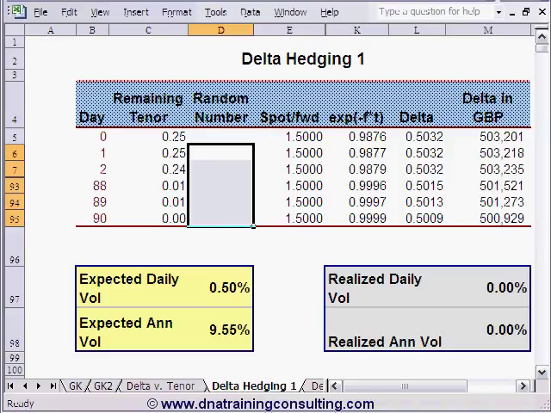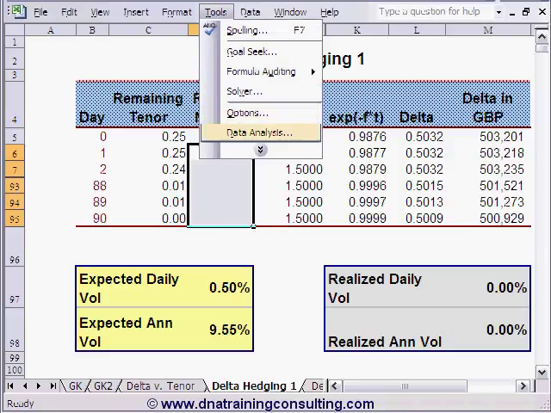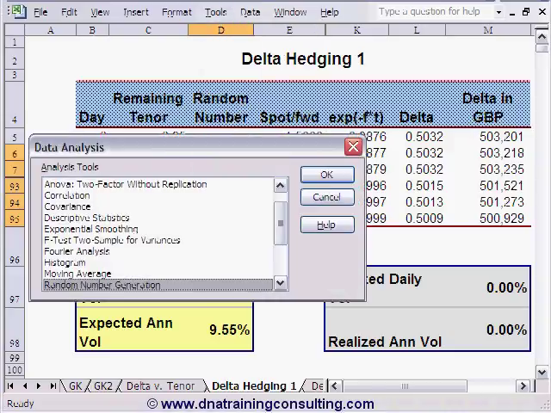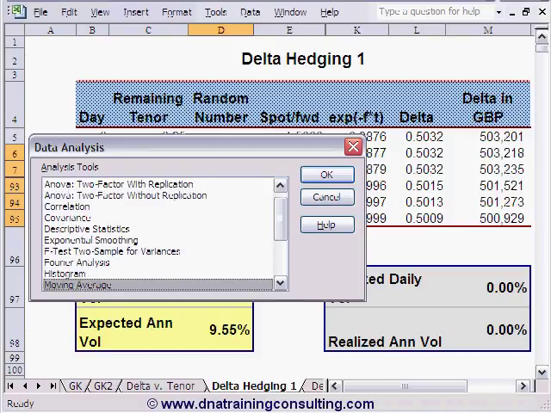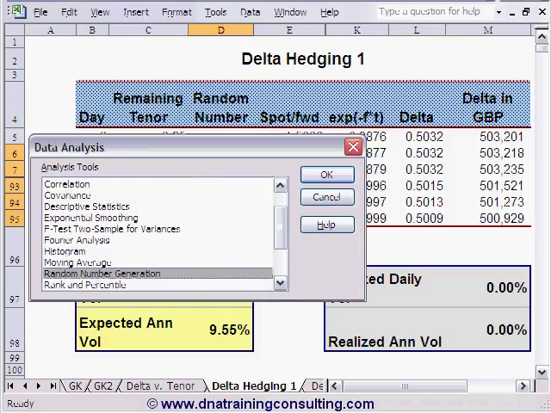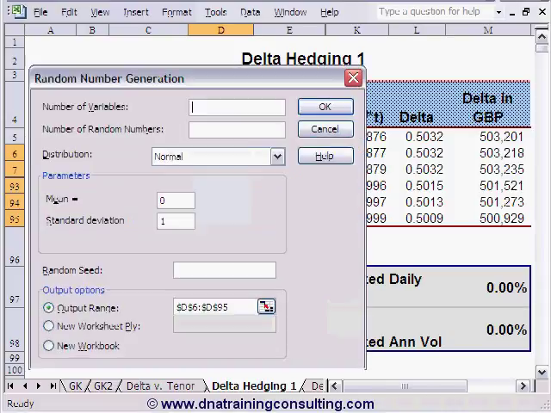The generation of these random numbers for column D proceeds as follows. Hit Tools on the menu bar, then go down to Data Analysis. Specify among all these alternatives you see here that you're interested in a random number generation process, and hit OK.